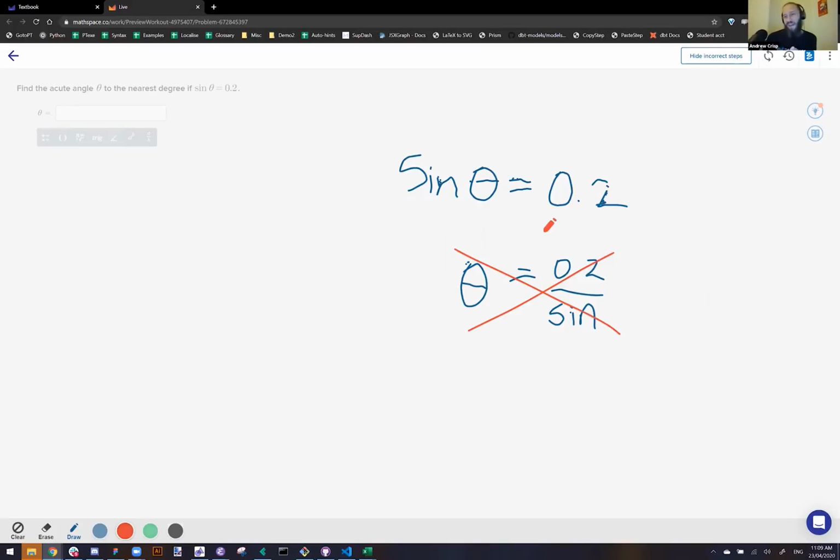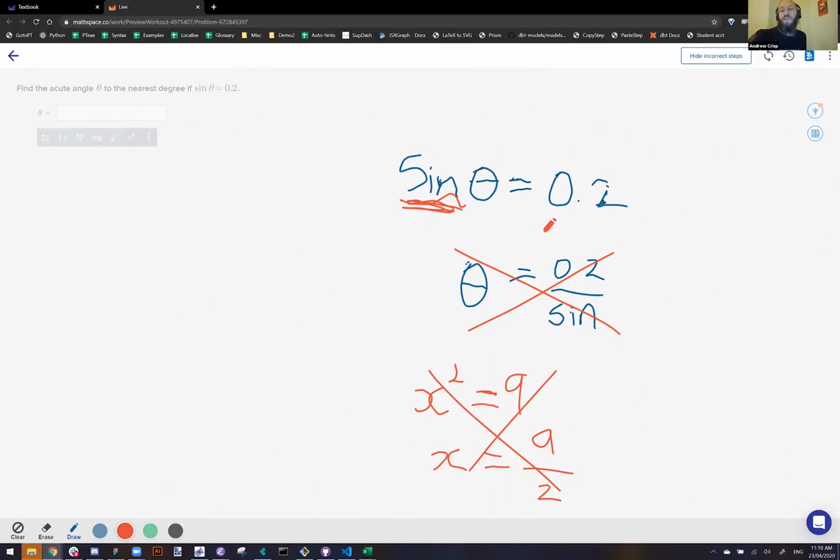But why is it wrong? Well, sine here is not a number. So we don't divide by sine. It'd be like saying, well, if x squared equals 9, then x is 9 divided by squared.